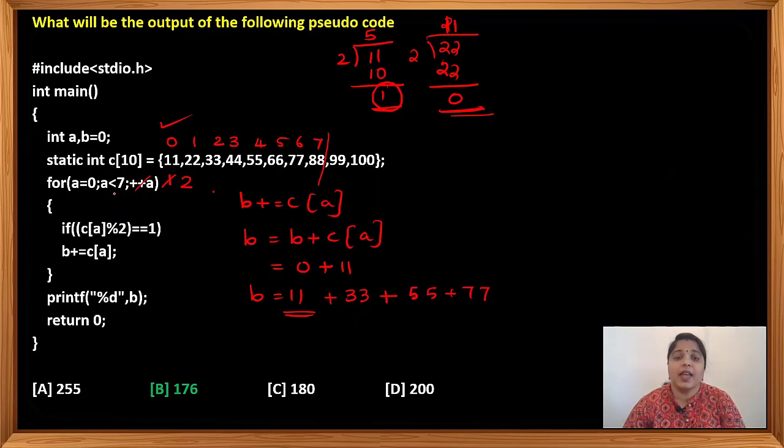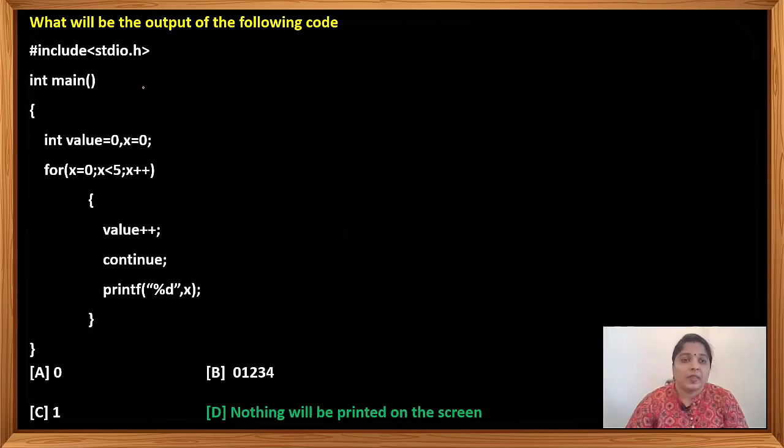Because it is the 8th element, whether 8 is less than 7, it is not less than 7. So the following statements will not be executed and it comes out of the loop. Okay. So now the answer is 11 plus 33 plus 55 plus 77, which is equal to 176. Option B, 176 is your answer.